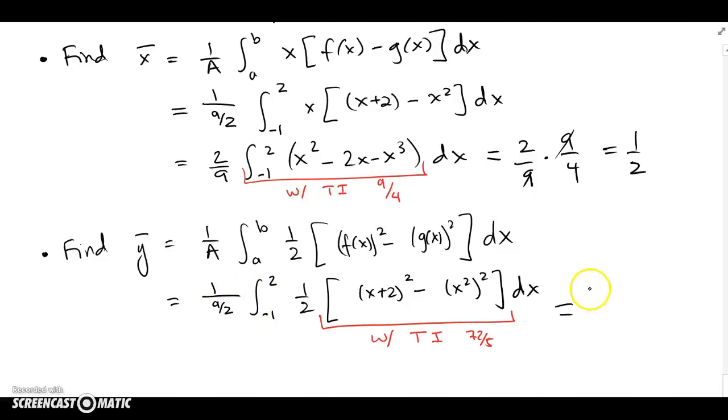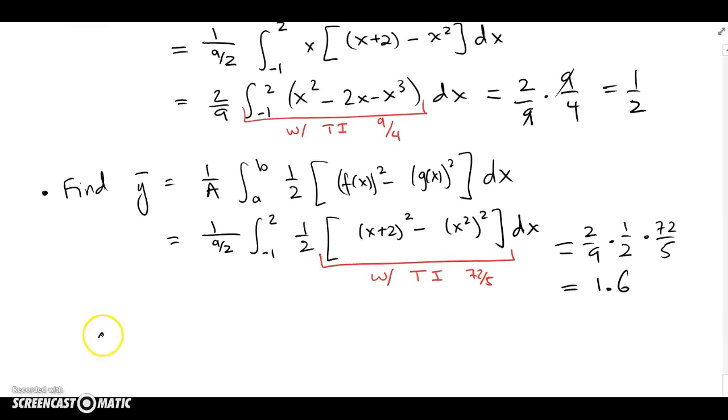So this is going to give me 2/9 out in the front. I hadn't used the 1/2, I'll keep that as is. And then the integral of this was 72 over 5, so I end up with 1.6.